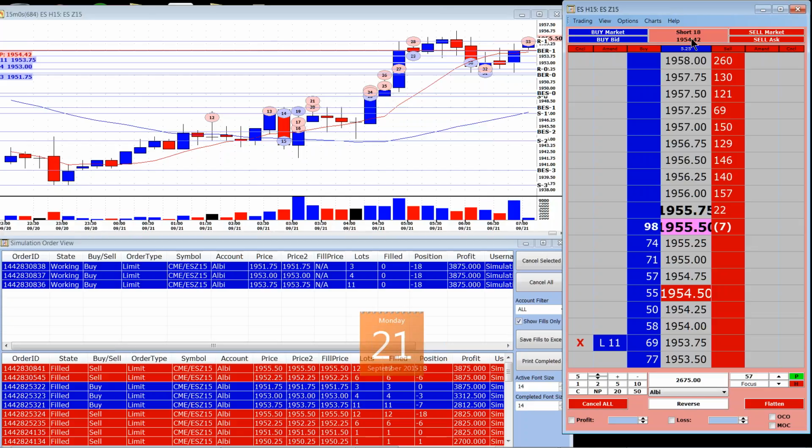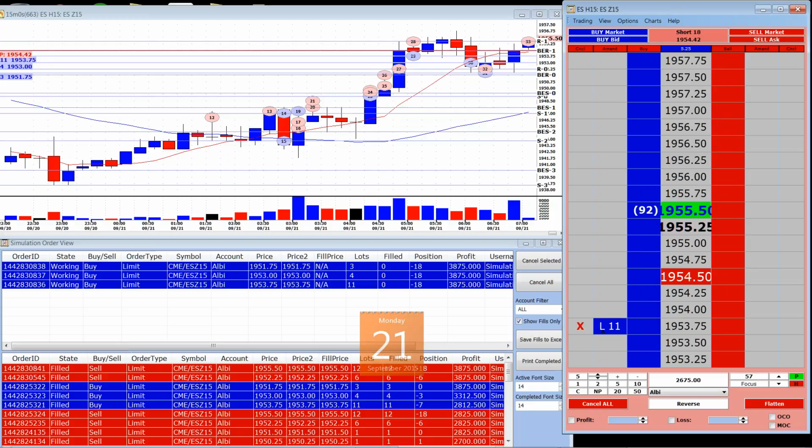So we're short 18 contracts, meaning we sold 18 contracts that we don't own. We borrowed them from somebody, but I don't want to get too into the weeds. But our position is we have to buy back 18 contracts at a profit.